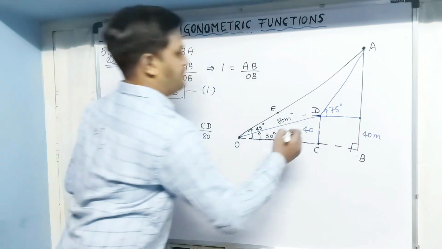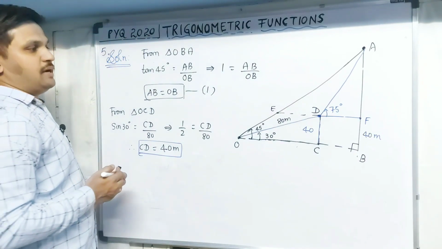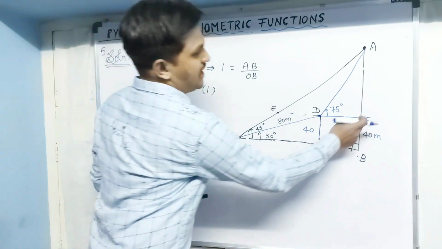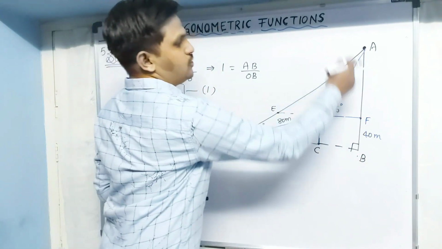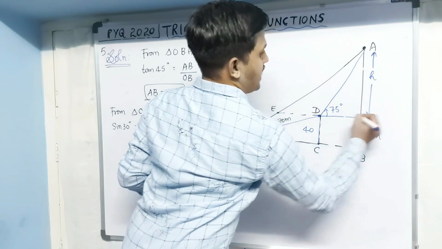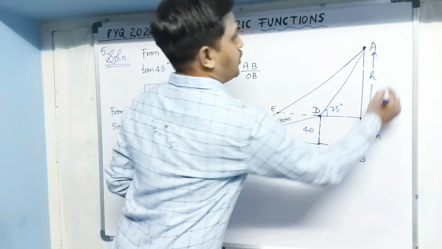Let me write this as point F. So the length FB is 40 meters. To find the height of the hill, we already got FB, so now I should find AF. Let me say AF has height h. Okay, so AB becomes h plus 40.